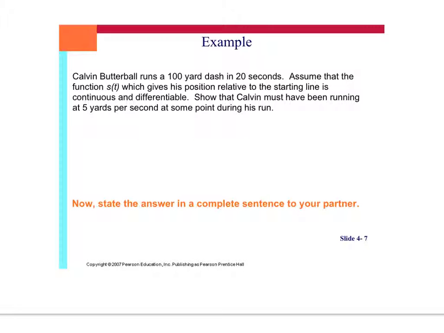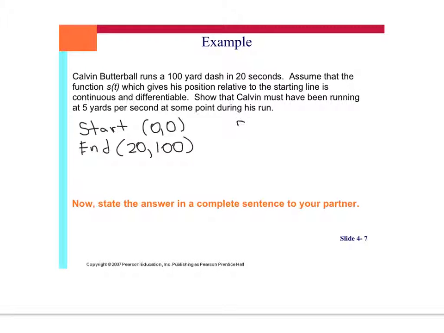Well, we do know that he has a starting time and an ending time, right? So we're going to assume he starts at (0, 0), but then we're told that he ends at 20 seconds and he has traveled 100 yards. Okay, so those are the facts that we are given.